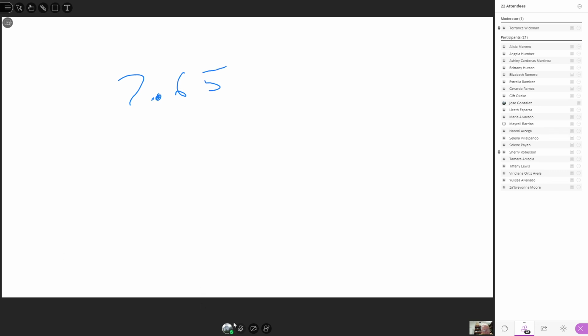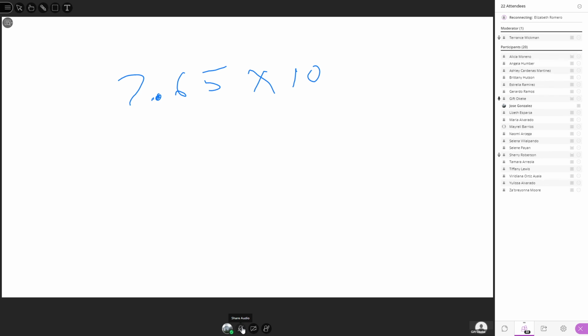Write that number in scientific notation. Somebody tell me, what do I do? Since it's already 7.65, less than 10, you leave it the same, right? And then you just put times 10. How many positions did you move the decimal?